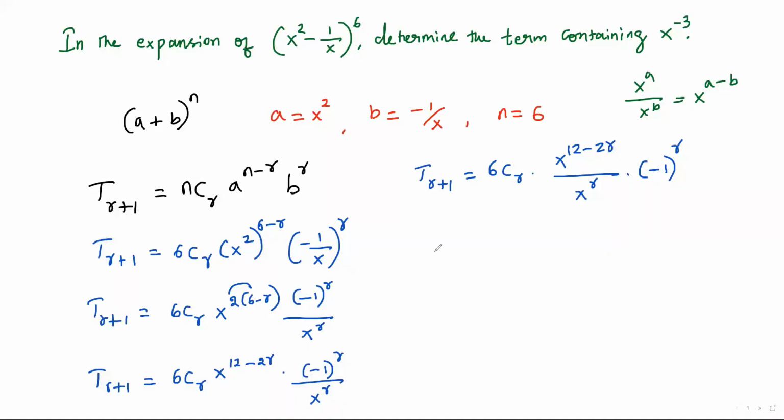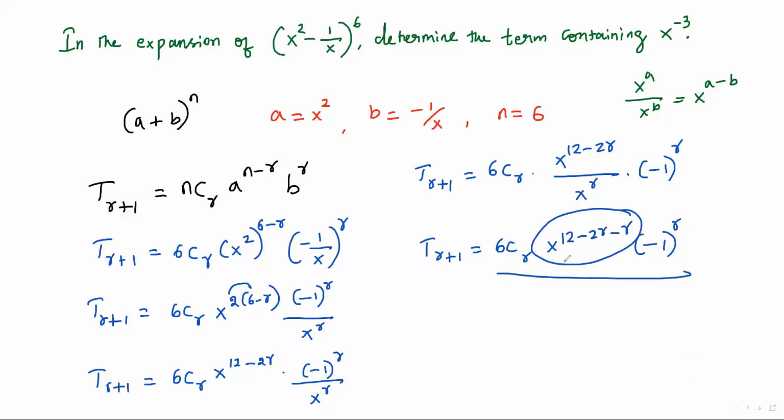So I get T(r+1) is equal to 6Cr x to the power of 12 minus 2r minus r, I subtract the two exponents, times negative 1 to the power of r. Our aim is to determine the term containing x to the negative third power. So in this term, the exponent of x has to be negative 3.